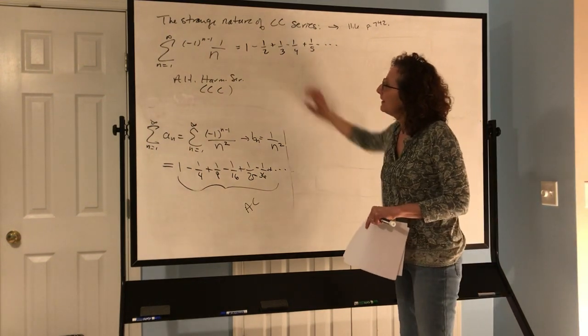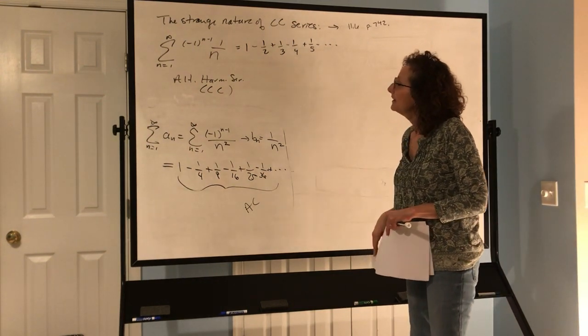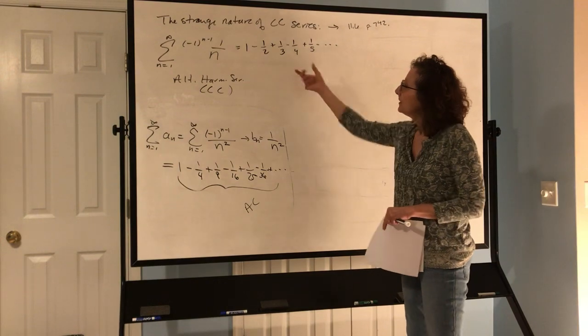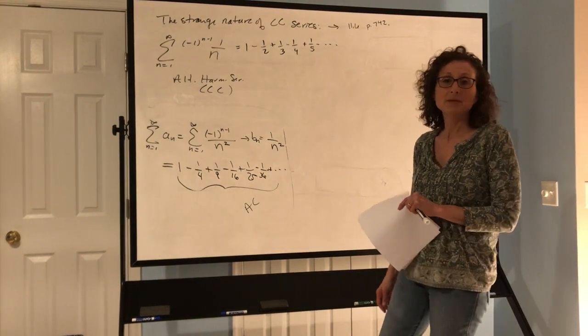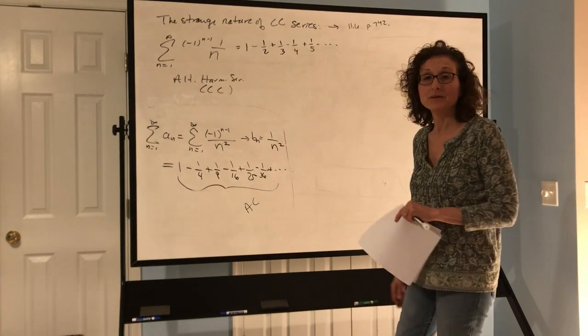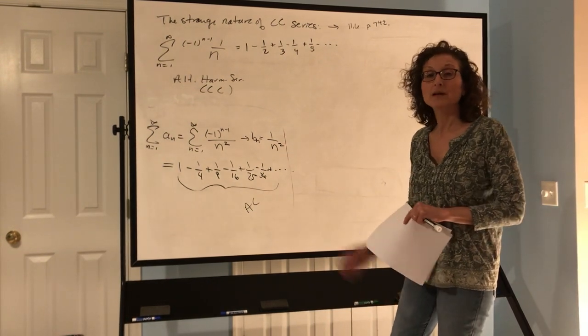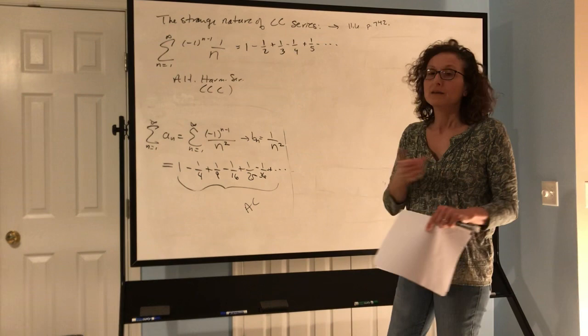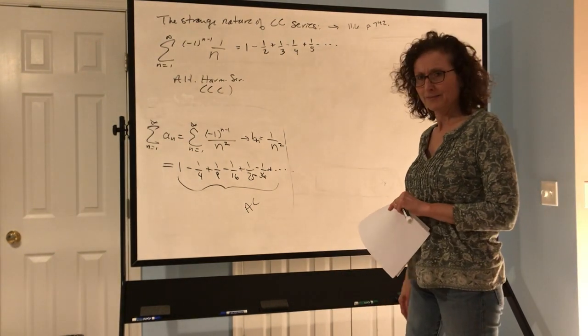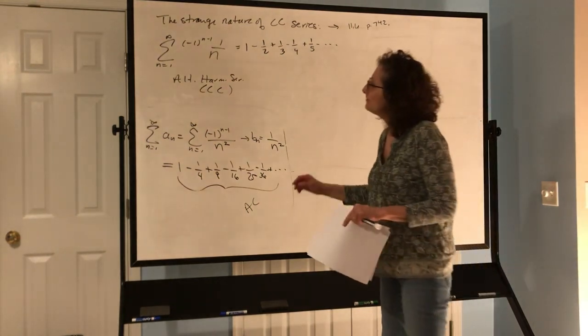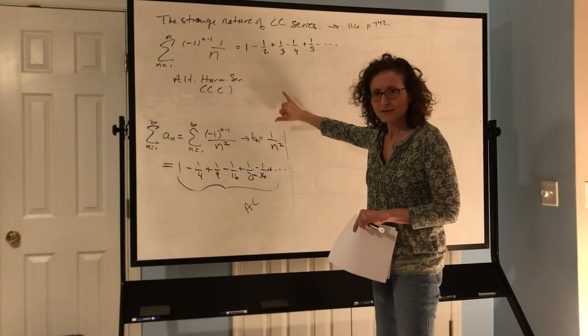That is what is true about these nutty series: we can take this guy, rearrange the terms, and make it add up to any real number that we want. We can come up with a rearrangement such that partial sums will show that it goes to that. That's pretty crazy. So all convergent series aren't created equal.